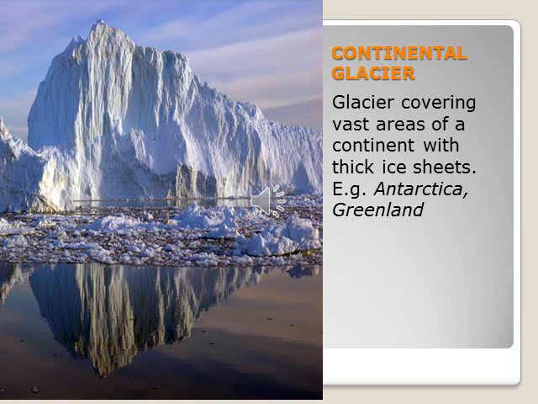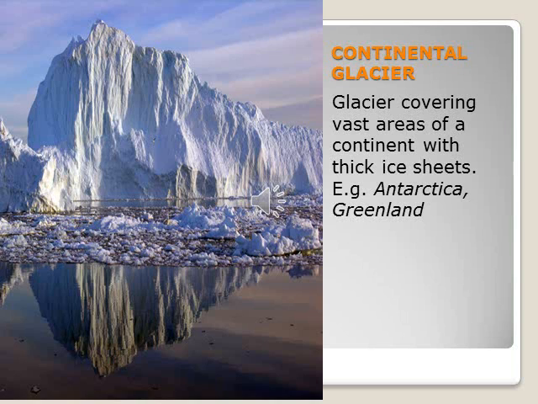First, continental glacier. A continental glacier means a glacier covering a vast area of a continent with thick ice sheets. So there are two types of glaciers: one is continental glacier, then mountain glacier. For example, Antarctica.